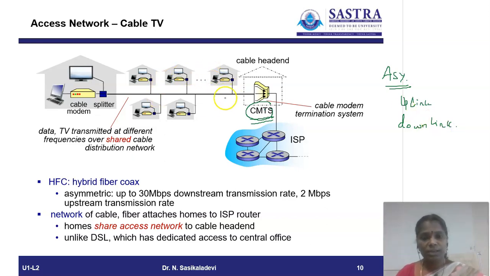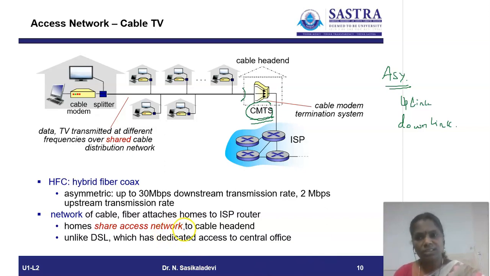Because here we are using broadband coaxial cable, which is capable of transmitting data at a high rate: 30 Mbps minimum downstream transmission rate, and 2 Mbps upstream transmission rate. The downstream transmission rate is much higher. Why?